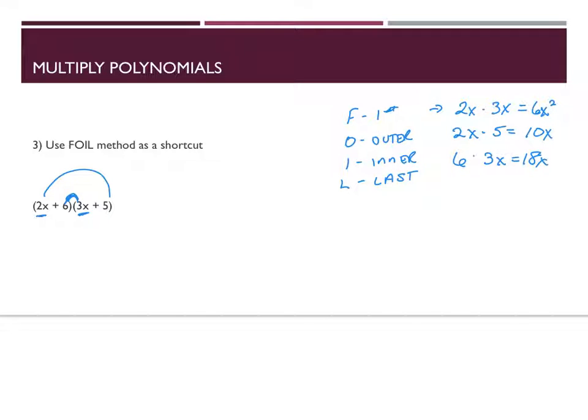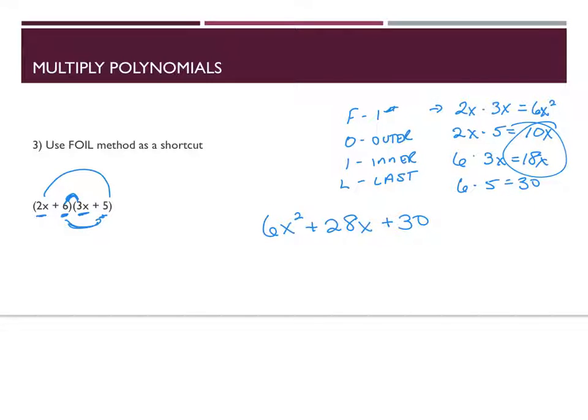And last is the last term in each polynomial. So these two. 6 times 5 is 30. Now, if I examine those for like terms as I write that out as a regular polynomial, 6x squared does not combine with anything. I've got a 10x and an 18x, which are the same, so that's a total of 28x plus 30.